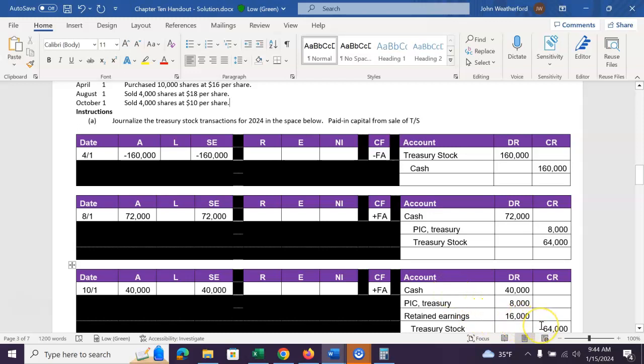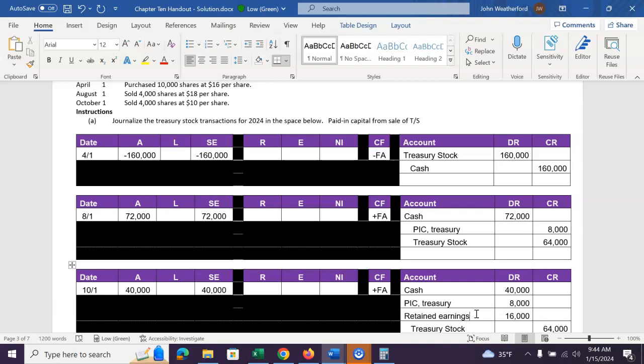We'd still take treasury stock off the books at its cost. But then the other accounts to debit would be paid in capital from sale of treasury stock for its balance. And at that point, if you still need more on the debit side, the account to make it balance, in this case, would be retained earnings. It's really our only other stockholders' equity account that we could debit.